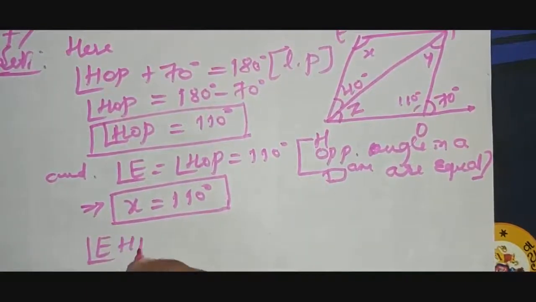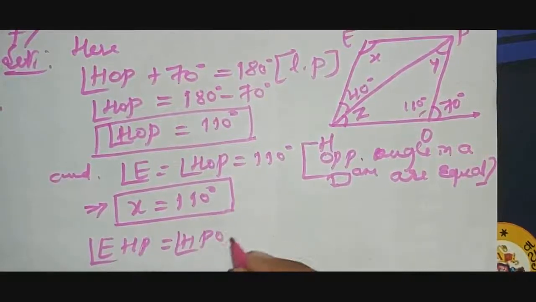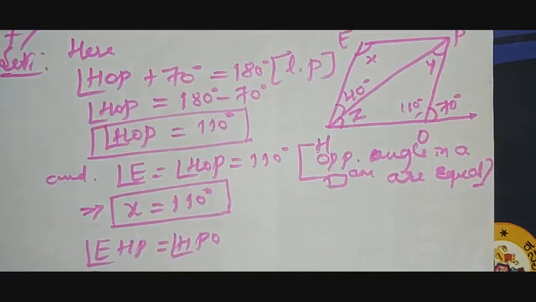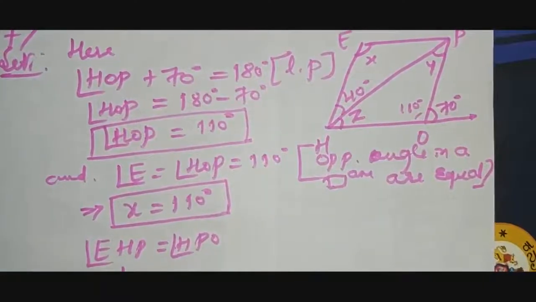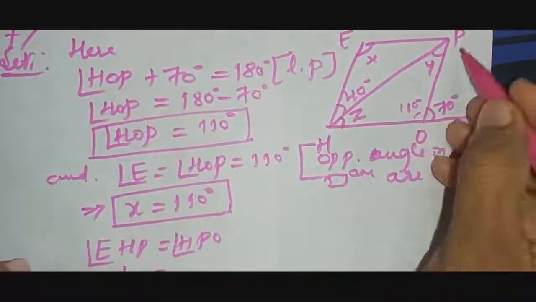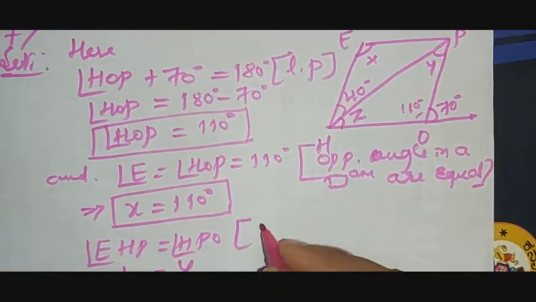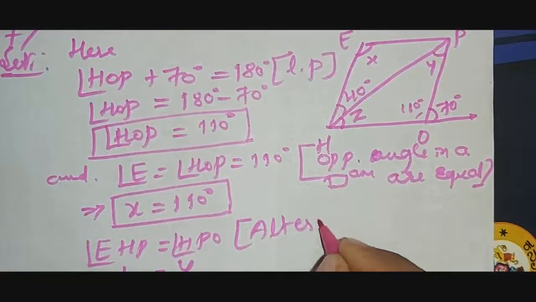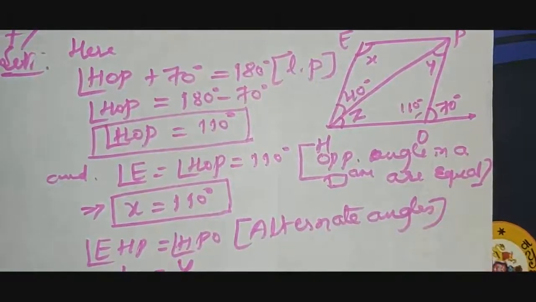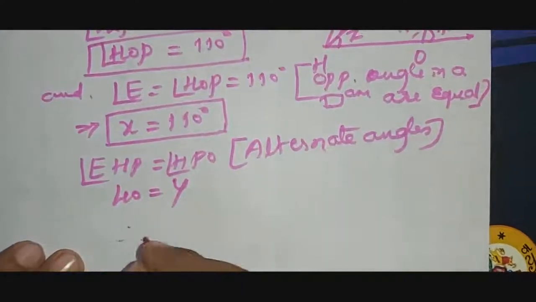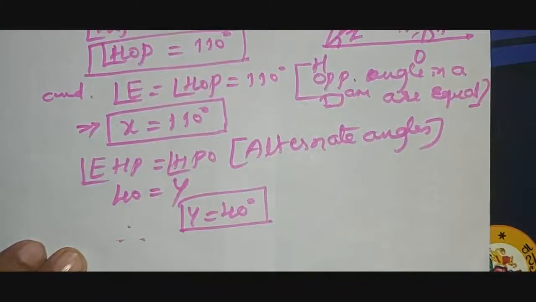Angle EHP is equal to angle HPO, right? EHP is equal to 40 degrees, which is equal to HPO, which is equal to y, because of alternate angles. Therefore, y is equal to 40 degrees.